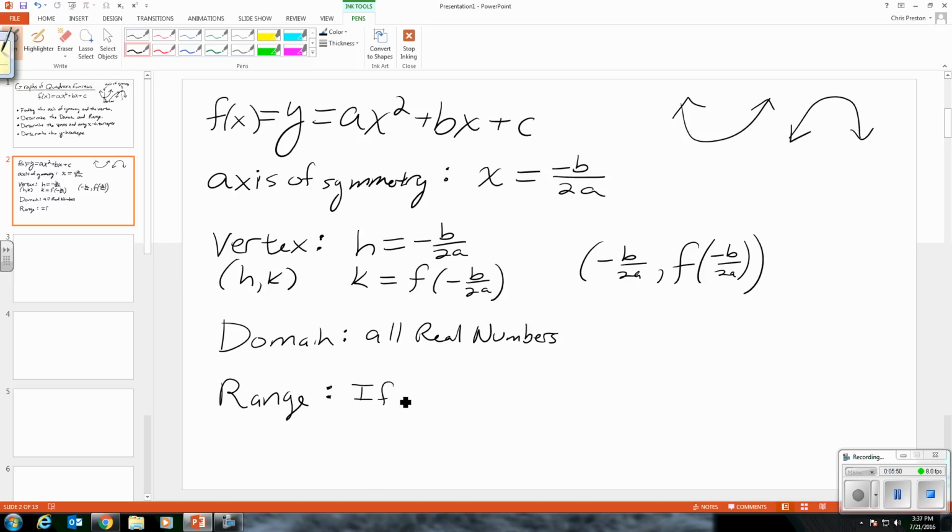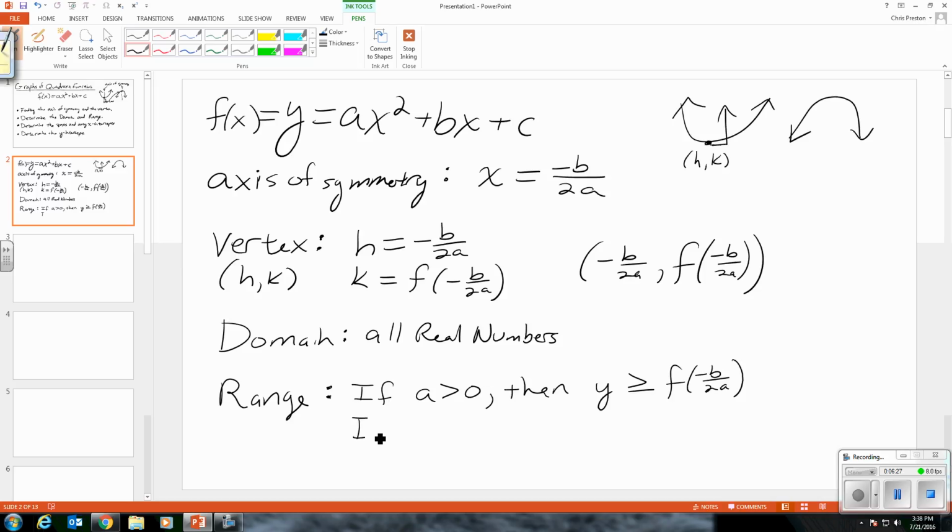If a is greater than 0, so if the number in front of your x squared is positive, then y is greater than or equal to f of negative b over 2a, this k value. If you have a parabola and you have your h, k vertex here, your y values are going to be that value or higher.